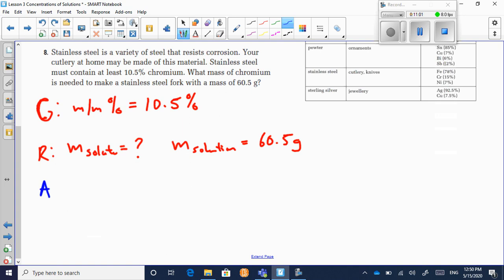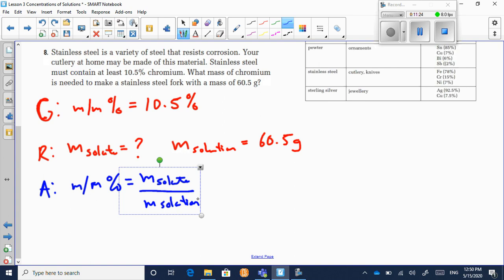Okay, let's write our equation. The mass percent is equal to the mass, I'll write it as a little m, of the solute divided by the mass of the solution, which is all of the metals, times 100.